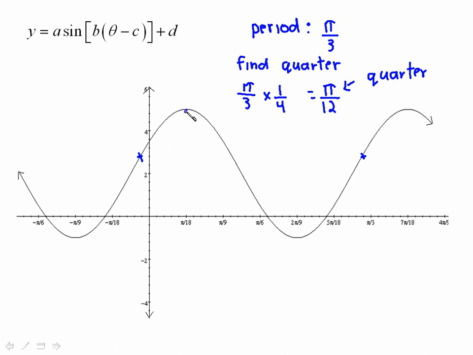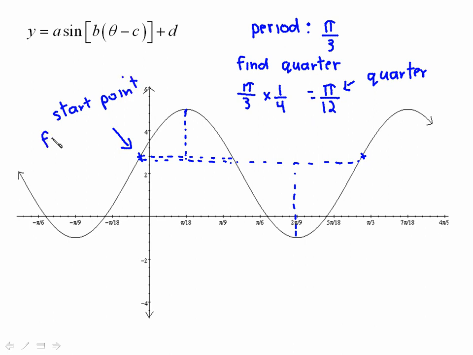The reason you care about it is because this graph will always break into those 4 equal sections. I didn't do a very good job of drawing it, but more like this. And those 4 equal sections will enable us to go from a crest to another starting point. And if we want to say, for example, find this point, this would be a start point for a sine wave.